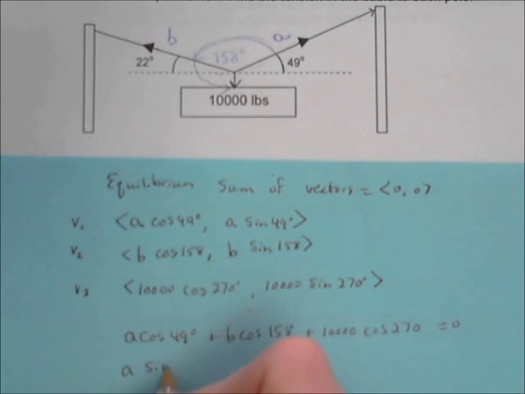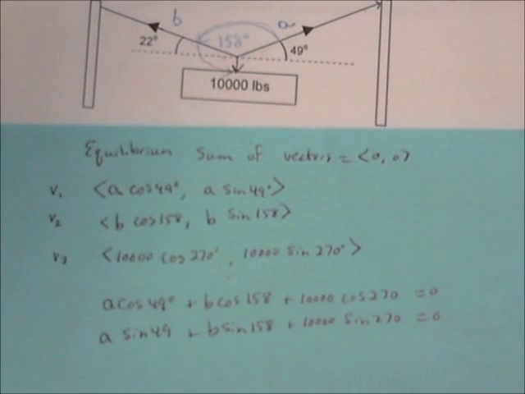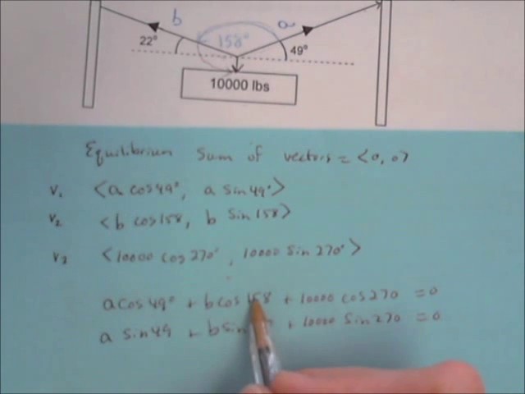A sine of 49 plus B sine of 158 plus 10,000 sine of 270 should also be equal to 0. These are just constants, cosine of 158 and 49 and 270. And so I'm just going to plug those into my calculator and get those decimal values.